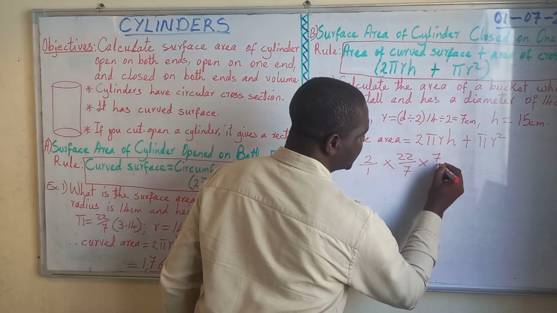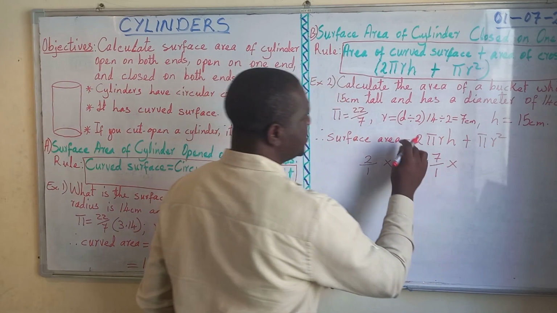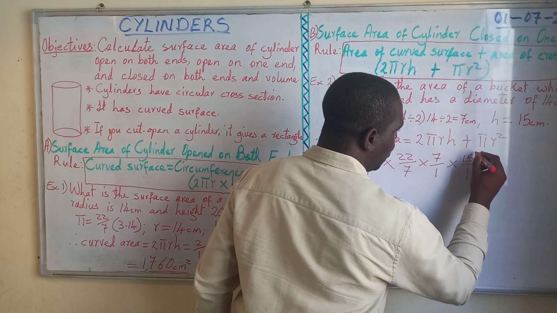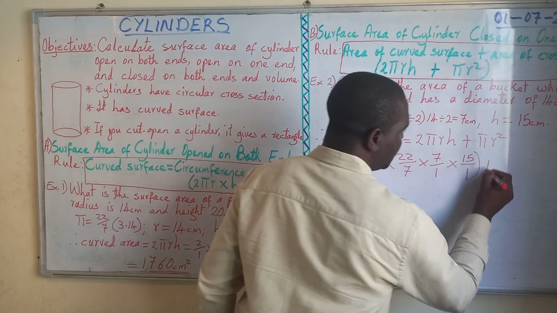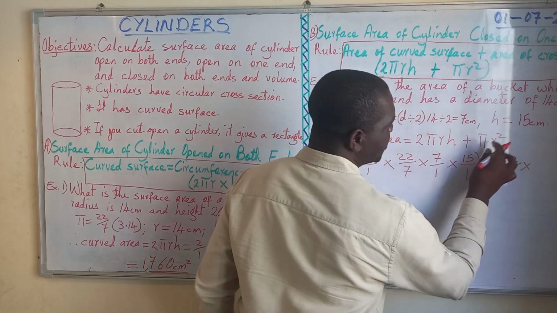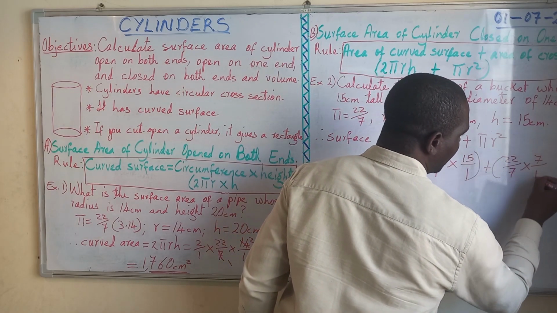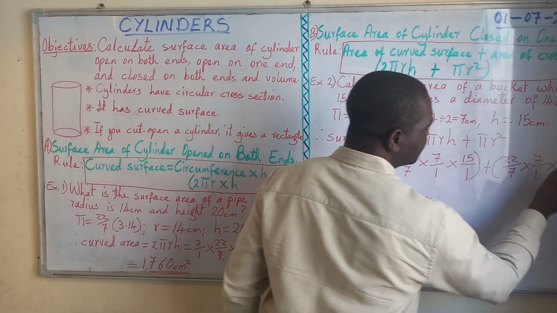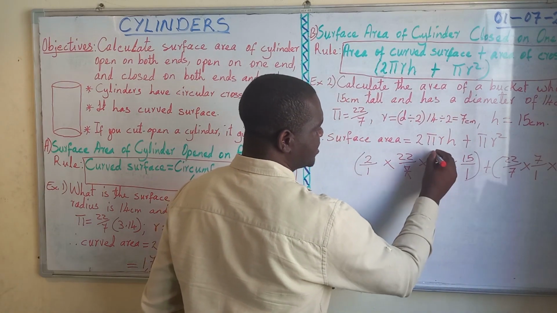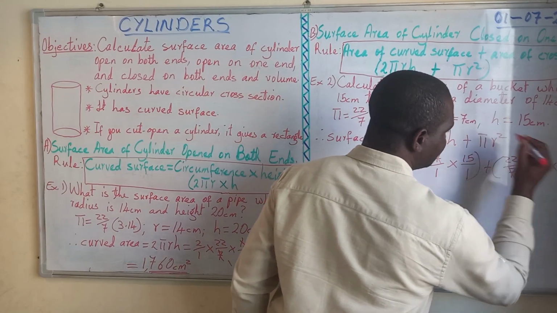So radius here will be 7/1 times height, which is 15/1. All this in brackets, plus pi, again 22/7, times radius 7/1, times radius again, because it's radius squared, 7/1. This 7 can simplify, this 7 can simplify this.